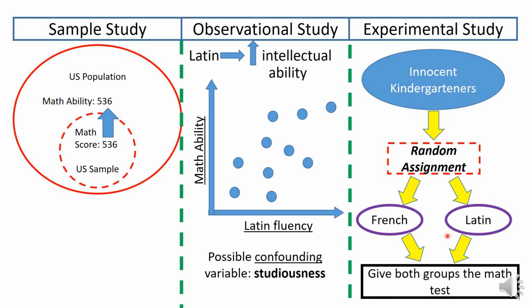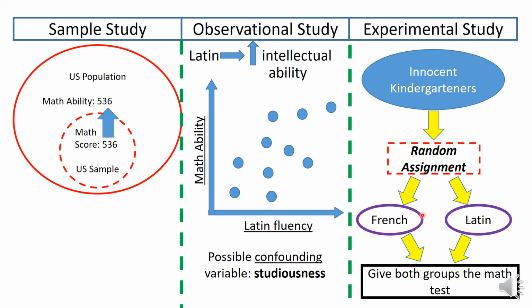All right, now it is important that we try and keep things consistent. So why did we do the random assignment to start with? So that we're not going to have all the studious people taking Latin and all the less studious people taking French. We want about equal amounts in both classes. Latin will have some studious people, and so will French. Latin will have some non-studious people, and so will French.